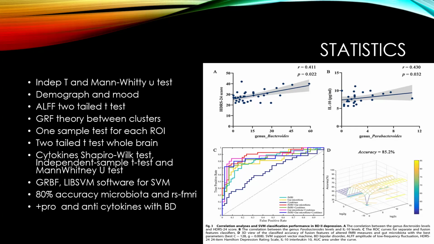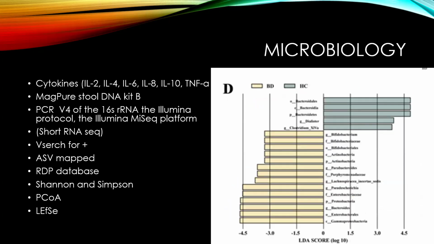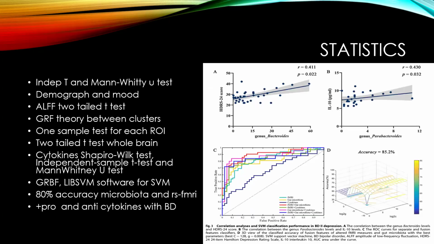I think that was in my previous slide. I breezed over that, but it was the RDP database itself, so they compare it to that database, and that helps. Then they can determine which bacteria are which, based on that when they include that with the cluster. Hope I'm explaining that correctly.